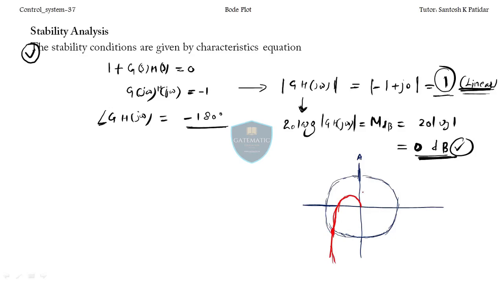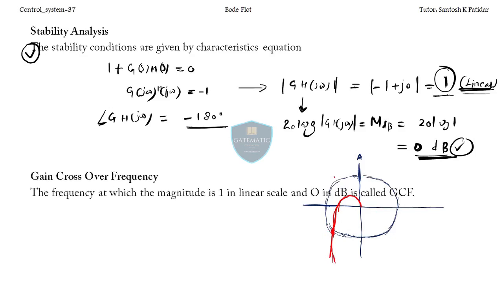Now I'm going to introduce the gain margin and phase margin, but before that let's understand the gain crossover frequency. The frequency at which the magnitude is 1 in linear scale and 0 in dB is called the gain crossover frequency. This is the plot plotted against the omega values. It starts at omega equal to 0 and terminates at omega equal to infinity.